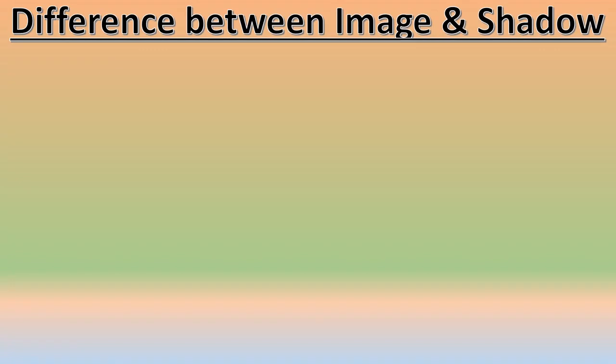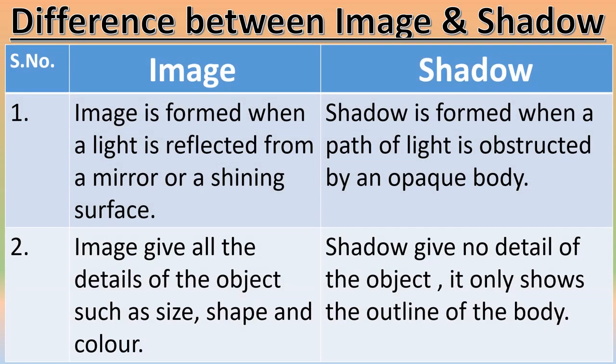As of now, we have some idea about the terms image and shadow. Now, let us look at a few differences between both of them. Image is formed when light is reflected from a mirror or a shining surface, whereas shadow is formed when the path of light is obstructed by an opaque object or body.